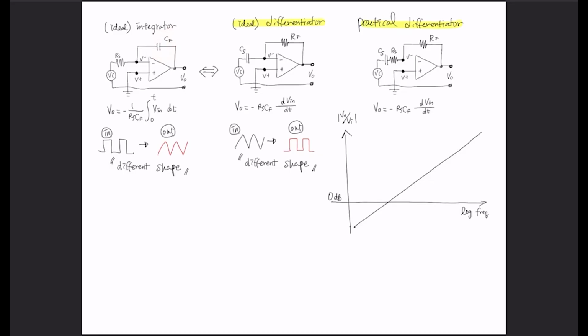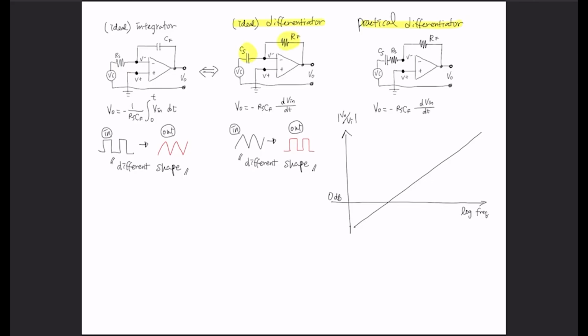But as you know, integrator and differentiator, it's like you flip the sign. So if we change this capacitor here, and this goes there, then it is going to be an integrator. No, a differentiator, I'm sorry.